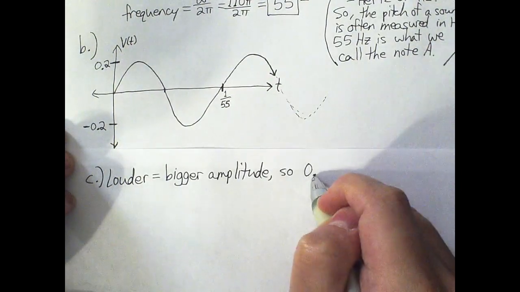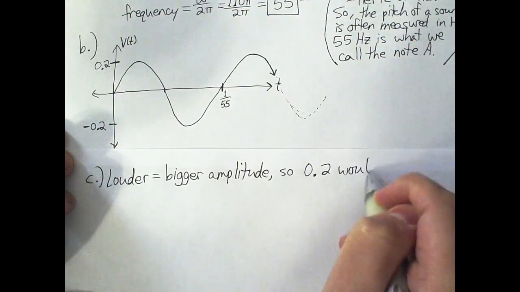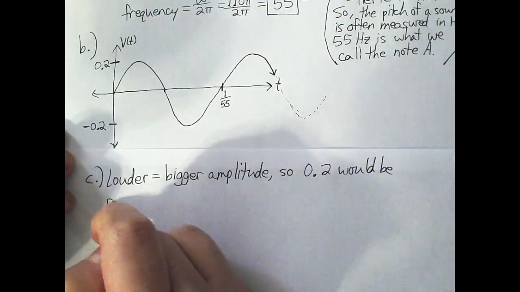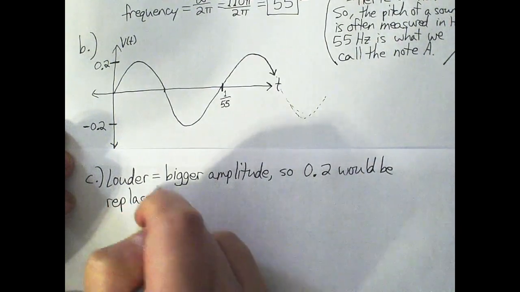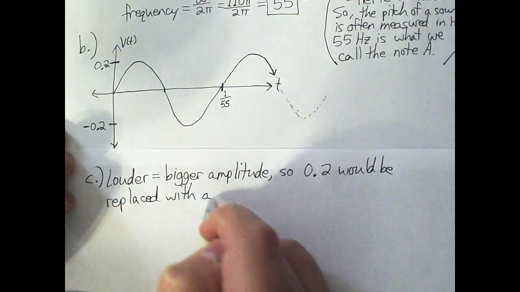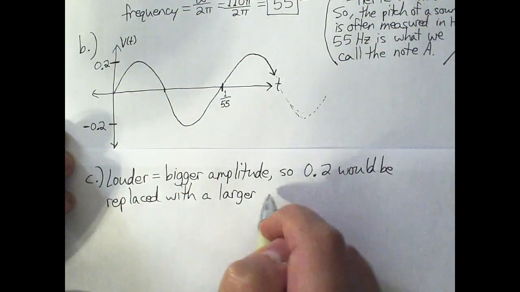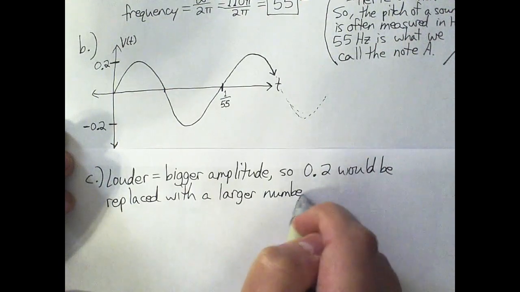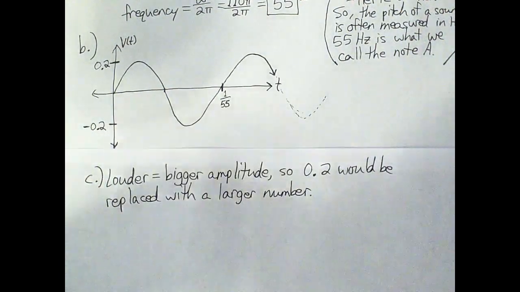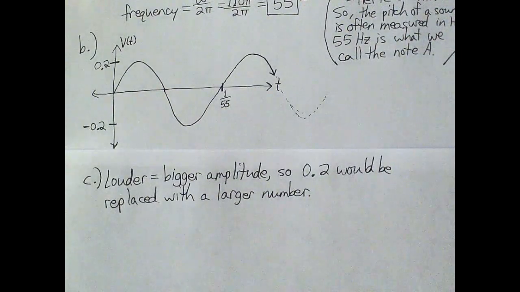So 0.2 would be replaced with a larger number. That's all for part C. Something like that. Maybe it would be 0.3. That would be the same note, but louder.